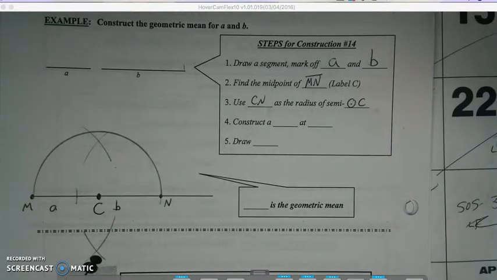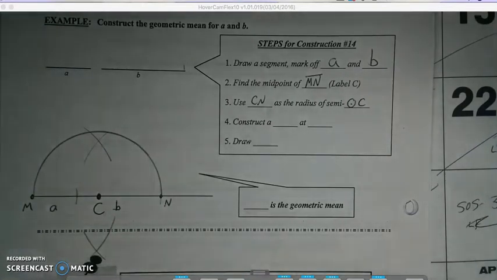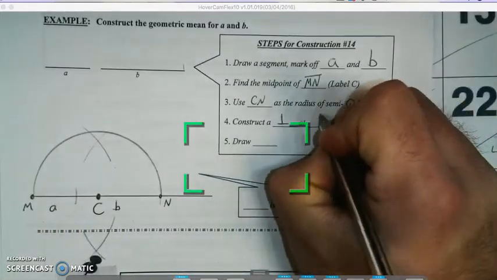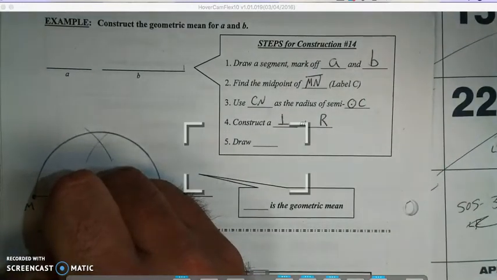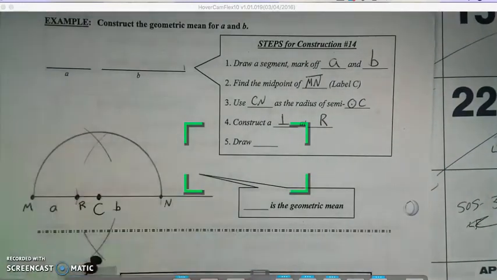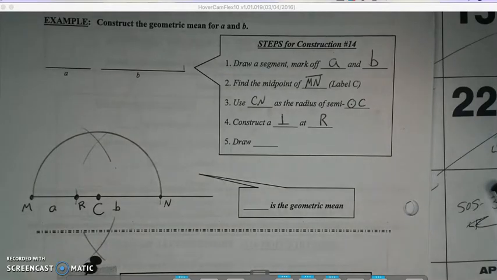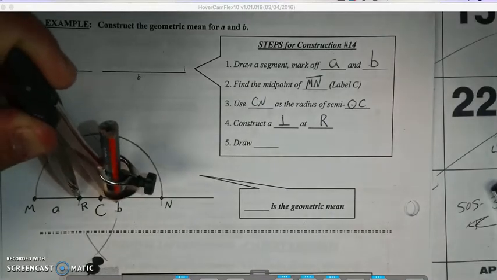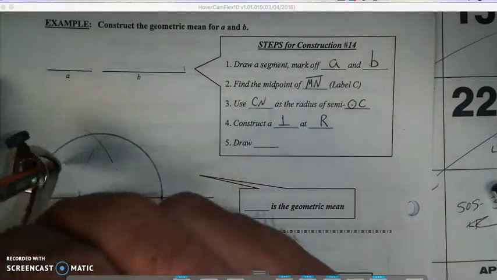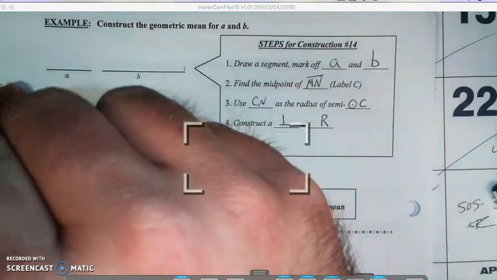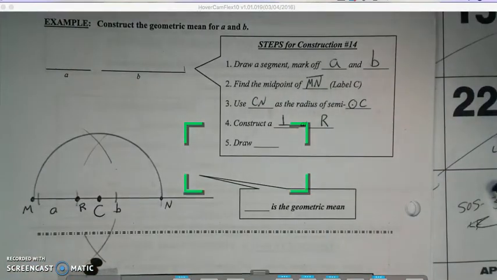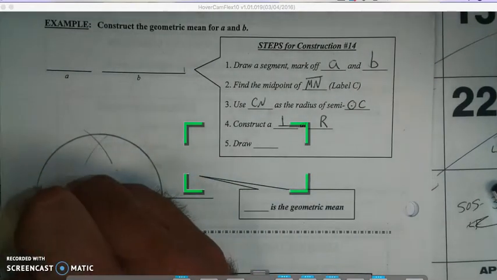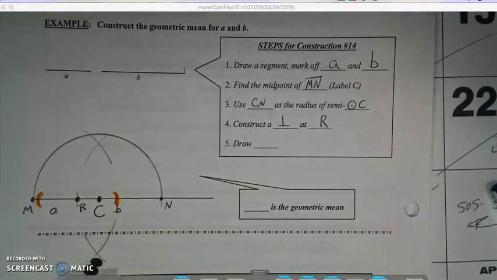What we will do now is construct a perpendicular at point R. This is point R right here. We're going to construct a perpendicular at that point, like we did the other day with our perpendiculars. Draw an arc on one side and draw an arc on the other. We're going to use these two orange arcs to construct a perpendicular line.